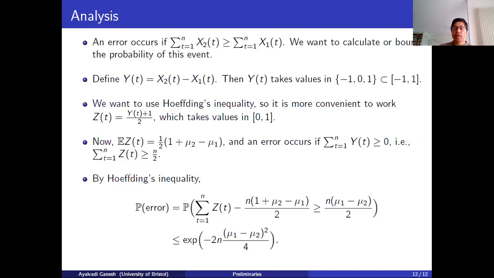Then we went on to look at some probability inequalities. So these are inequalities that bound how random variables or sums of independent random variables deviate from their mean by a certain amount.